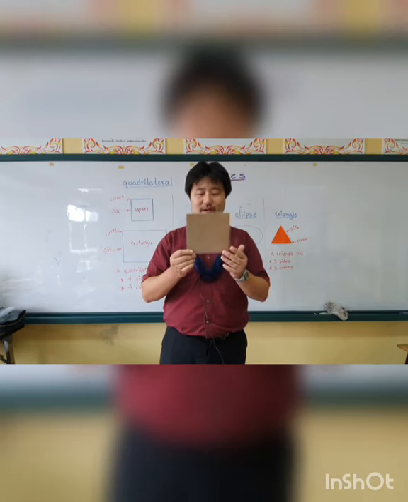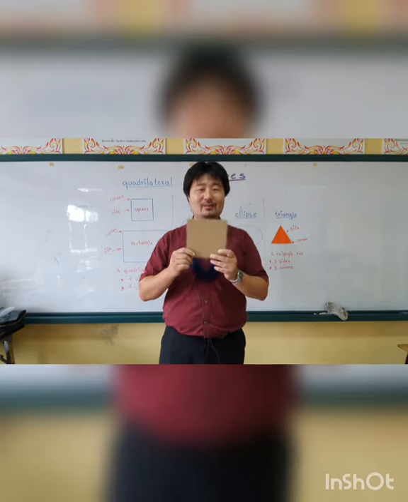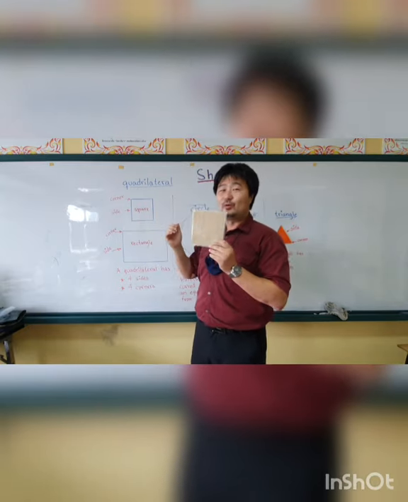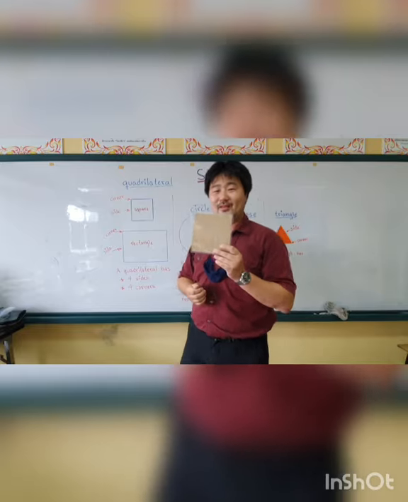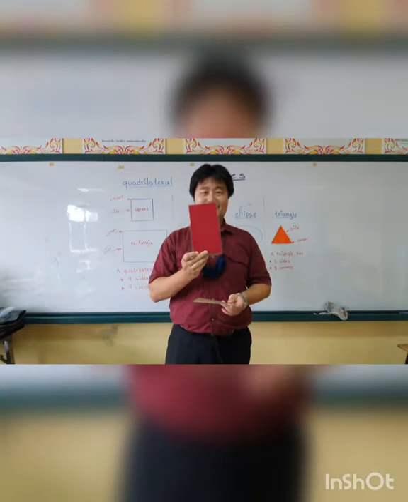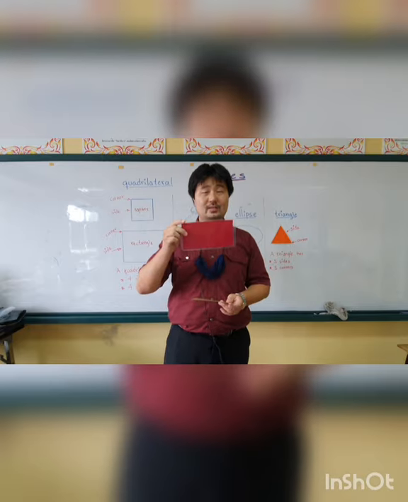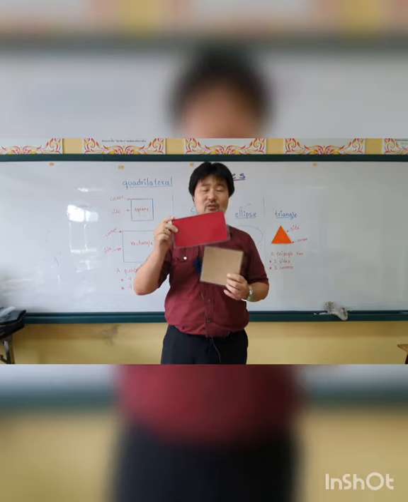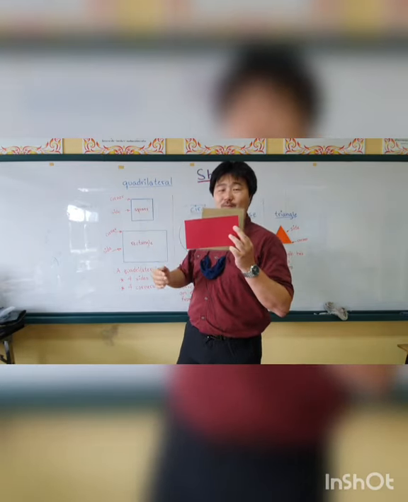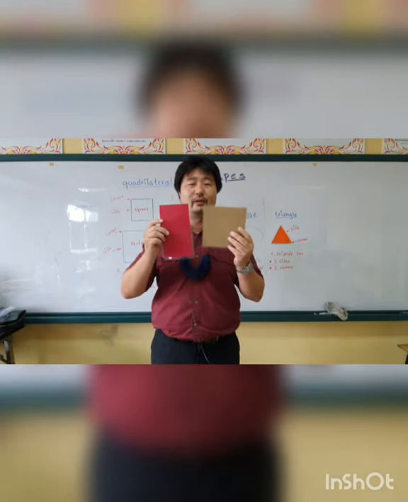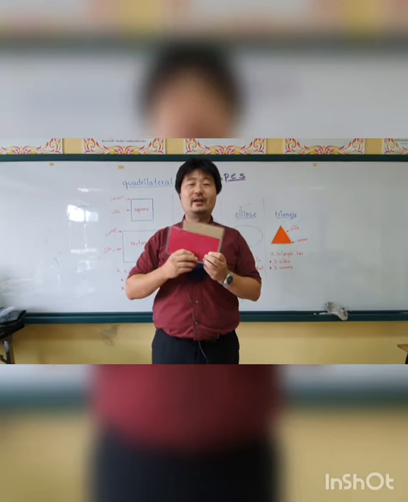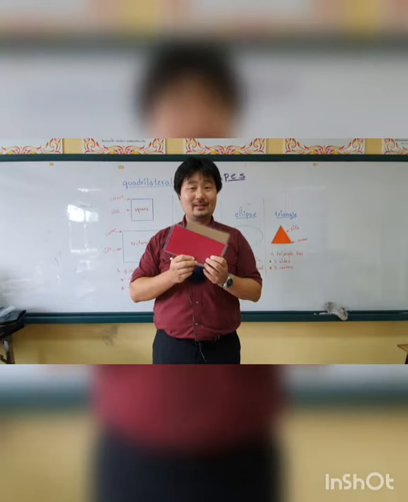Yes, it's a square, but it has another name. Quadrilateral. Okay, and then what is this? It's a rectangle. Yes, it is, but it is also a quadrilateral. So these are both quadrilaterals, and I will tell you what the definition of a quadrilateral is in a little bit.